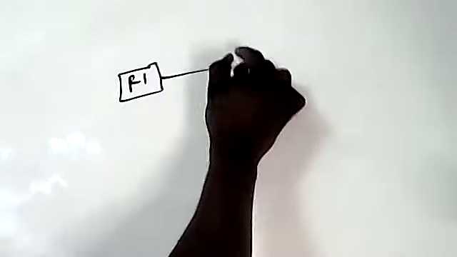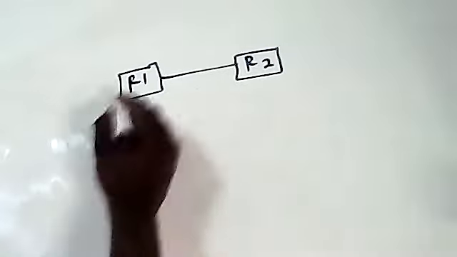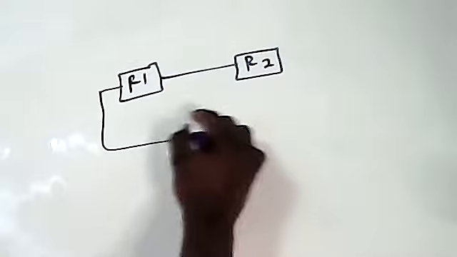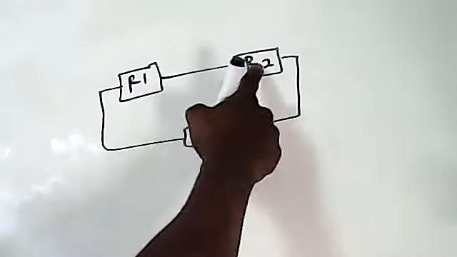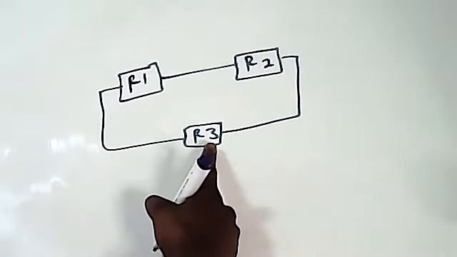So let me give you the last scenario. We have resistor 1, and it is connected to resistor 2. Obviously, you can see that they are in series, but both of those are connected to resistor 3, which is in parallel to both of them. You can see that these two are in series with each other, but they are parallel to this one.